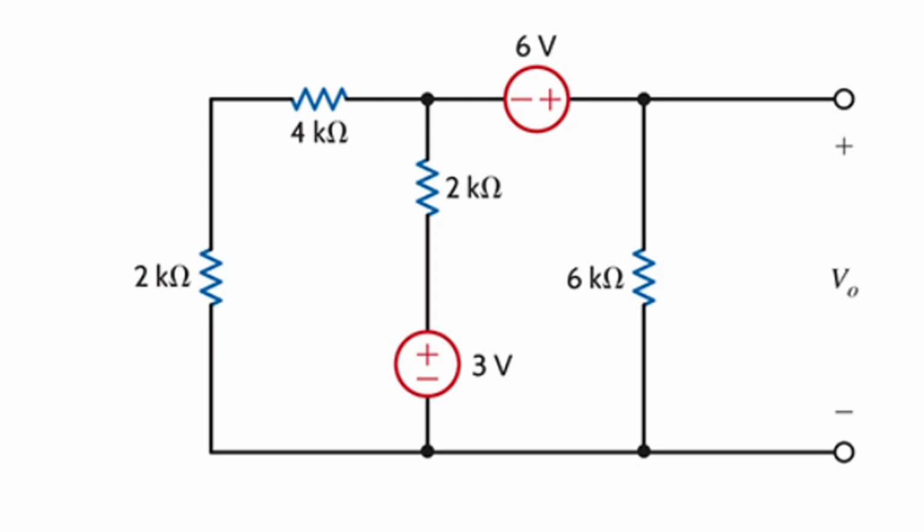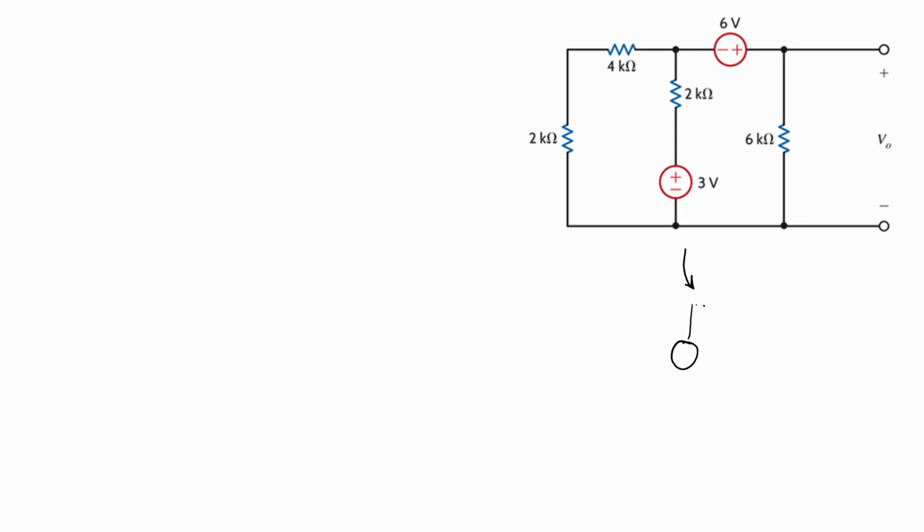Okay. So first, let's try to solve for V node using Thevenin's theorem. Thevenin's theorem states that this circuit is equivalent to an independent voltage source, we call it V Thevenin, connected in series with a resistance R Thevenin, and we exclude the load resistance from this circuit.